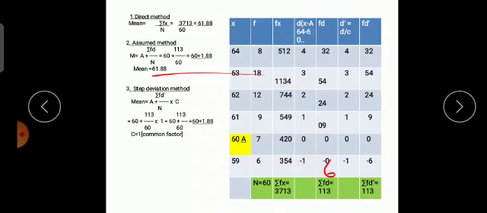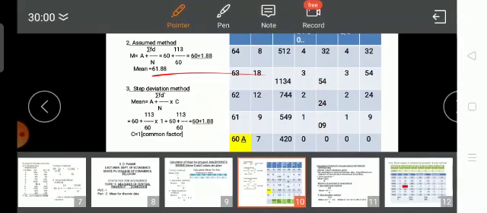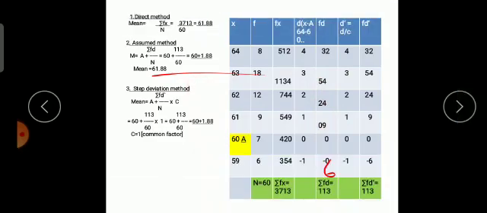I have shown it in red ink. When you add the fd column, you are getting summation fd, that is 113. Then you have the assumed value here 60, and the n value is also 60. So you put the values in the formula, that is 60 plus 113 divided by 60.